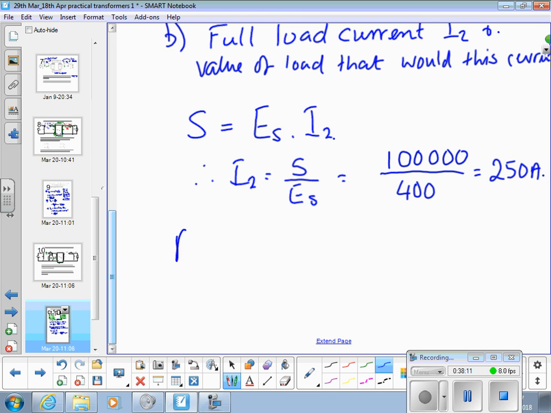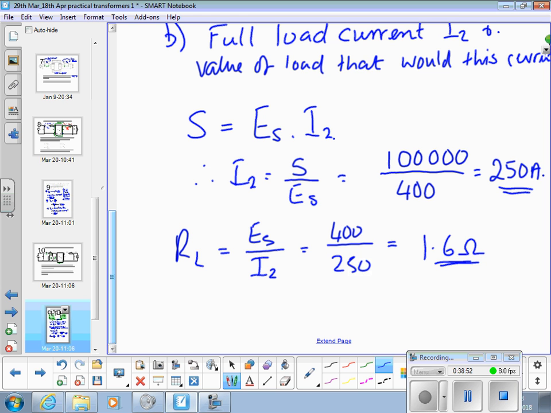So we can just go RL is equal to E secondary over I2. That's 400 over 250 equals 1.6 ohms.